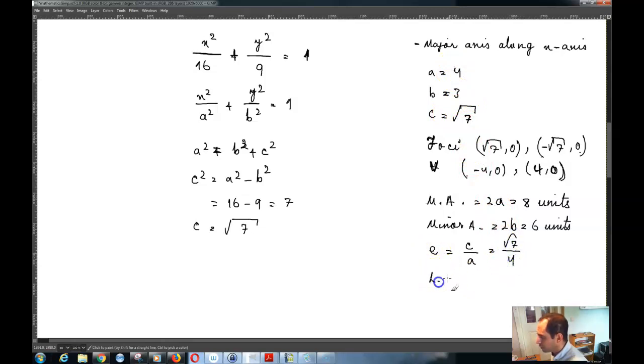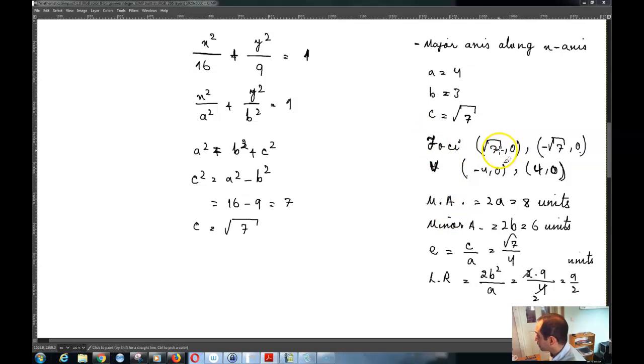The latus rectum of this ellipse is 2 times b squared by a. So that is 2 times 9 over 4, and that's 9/2 units.